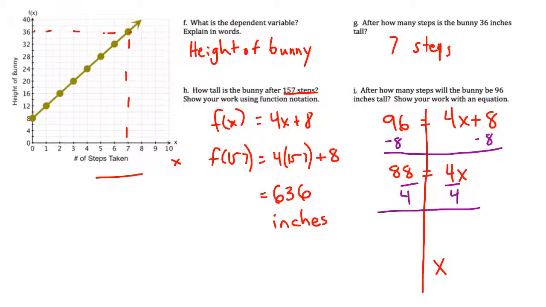We're left with x is equal to 88 divided by 4, which is 22. Cool. So 22 steps will give 96 inches, and 157 steps gives 636 inches. So that's this bunny problem.